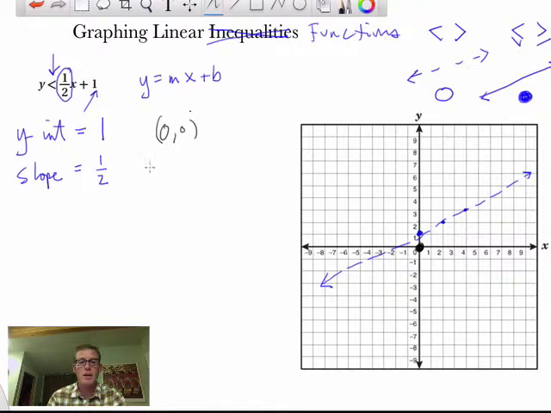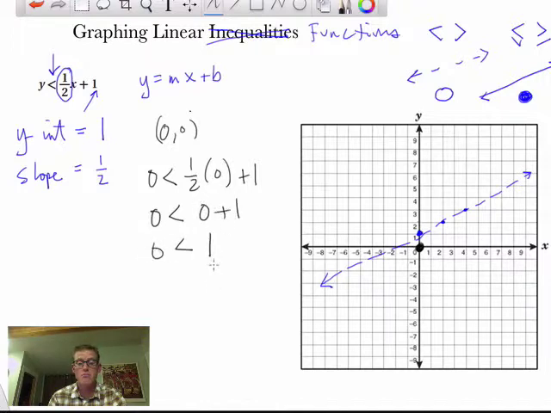I'm going to say 0 is less than 1/2 times 0 plus 1. So I just use this equation up here, and I plop 0 into each of the spots. All right, well, let's do the math here. 0 is less than 0 plus 1, so 0 is less than 1. Is that true? Yes, that's true. All right, so we know this point is good.